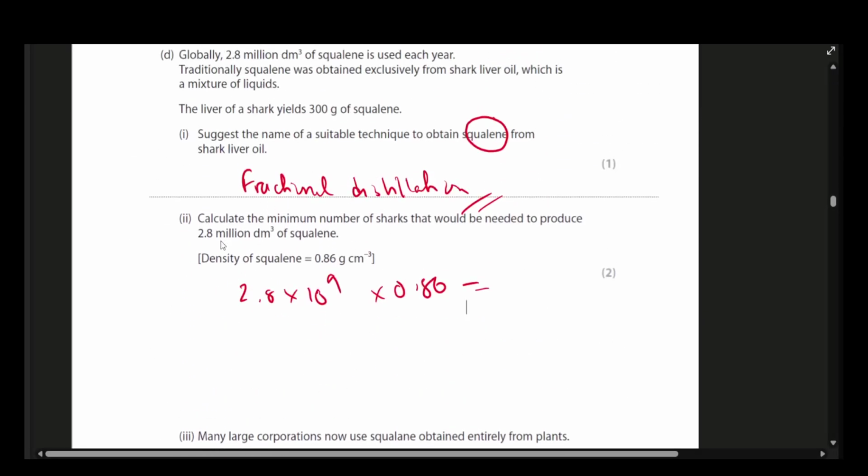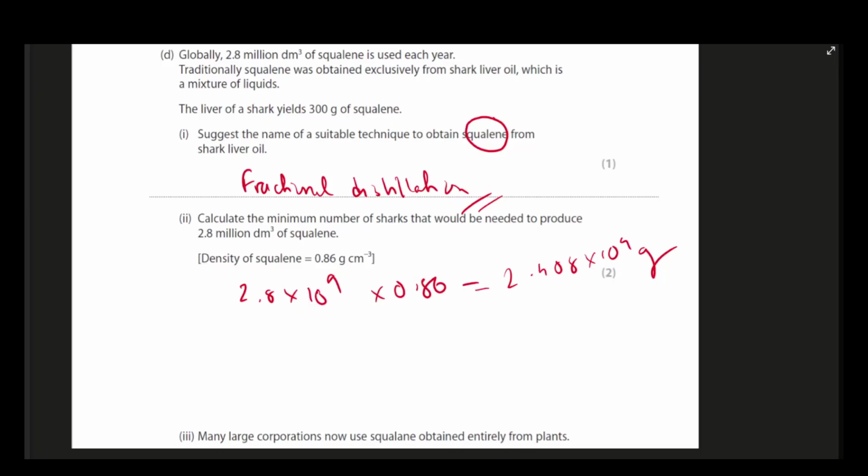Since you know the volume and the density, you can find the mass. Mass is volume times density, so that would be 2.408 times 10 to the power 9 grams. So that's the mass of squalene in 2.8 million dm³.